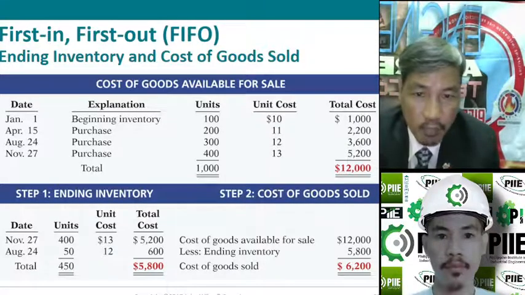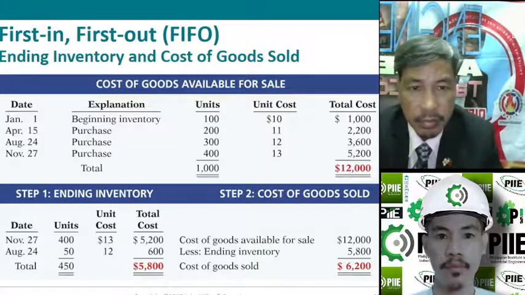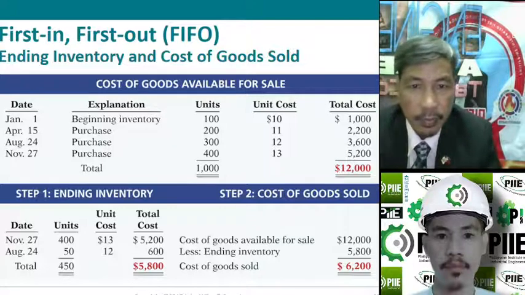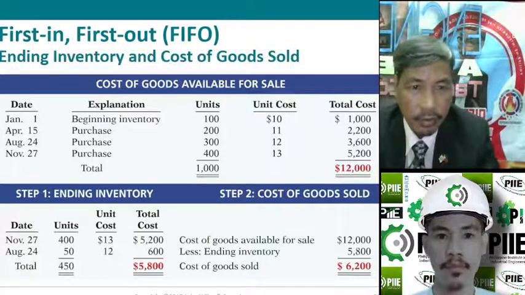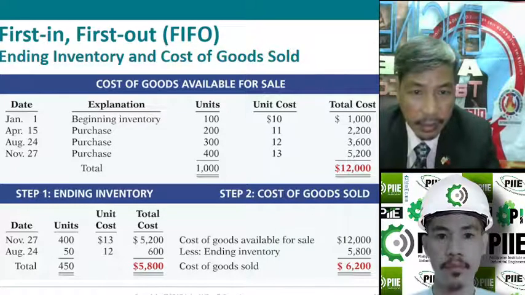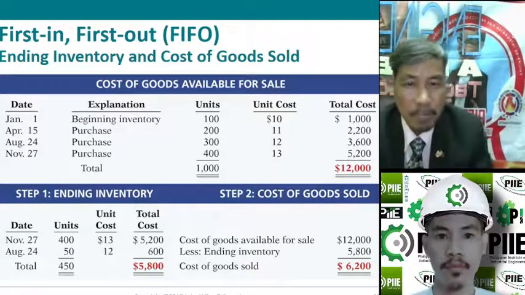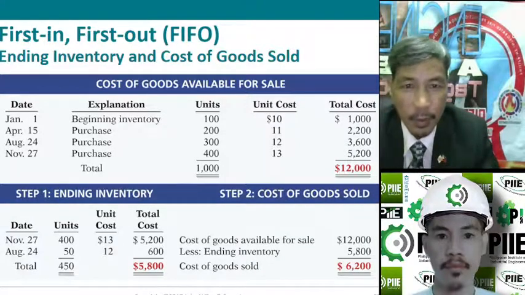So if 400 units sold, we need 400 to come from beginning inventory, then those purchased on April 15 and those purchased on August 24. But here, if we do it, August 24, 400, all of them. Okay, so that is FIFO.